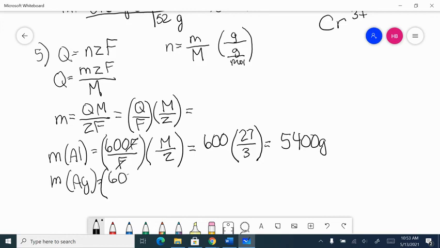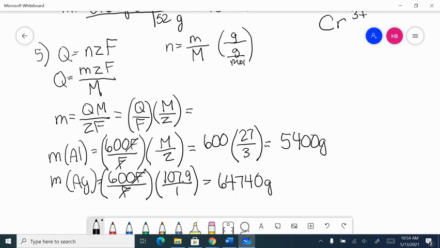Let's do the same thing for silver. So we lump together Q because Q was 600 Fs. And if you put F on the bottom, and the molar mass of silver is 107.9, charge on silver is 1. Faradays cancel out, and we get for silver 64740 grams.